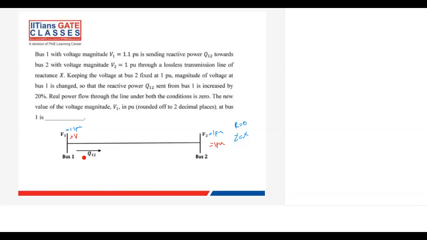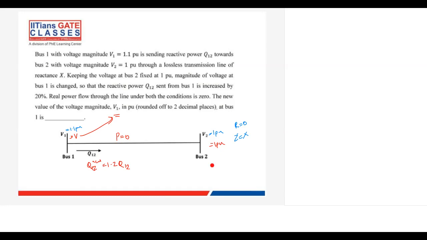Q12 has increased by 20%, so the new Q12 is 1.2 times Q12. And there is no real power flowing under both conditions, so P is 0. They are asking us to calculate the magnitude of V1, or in our case, V.